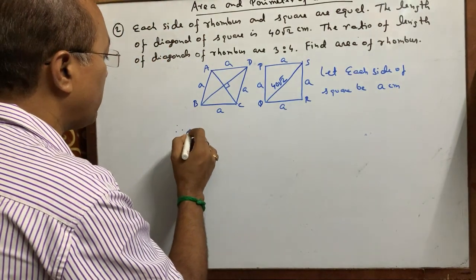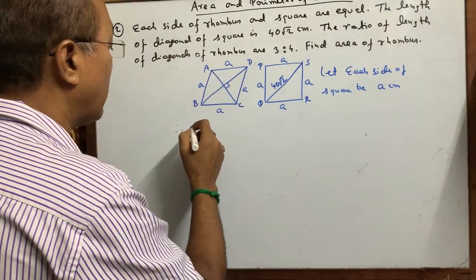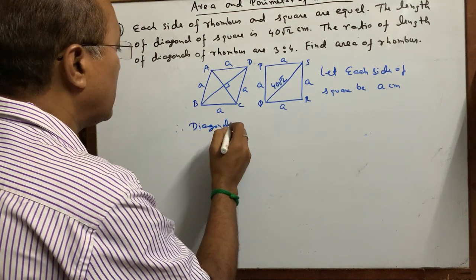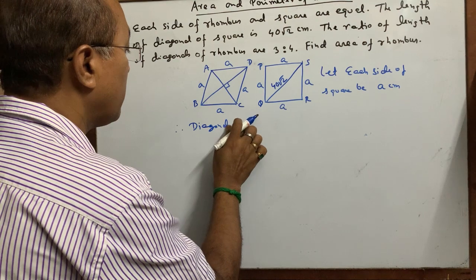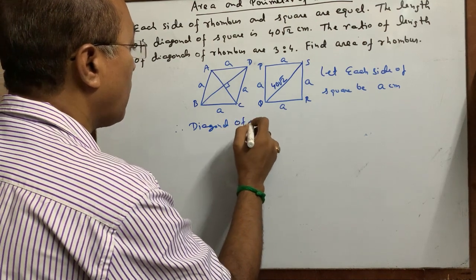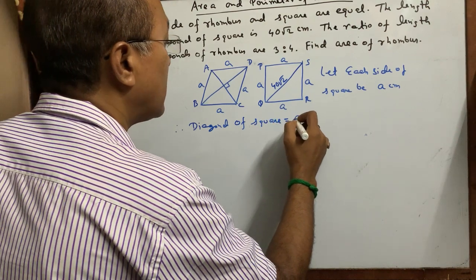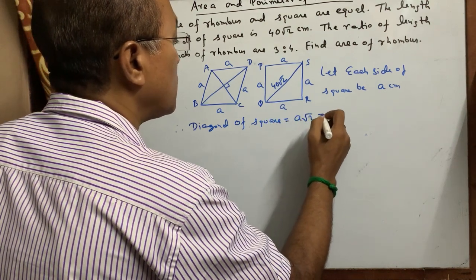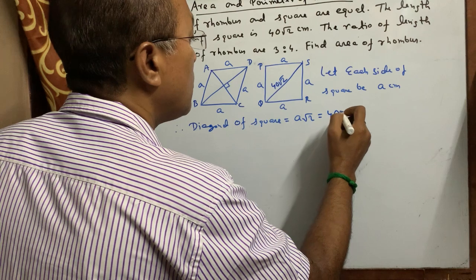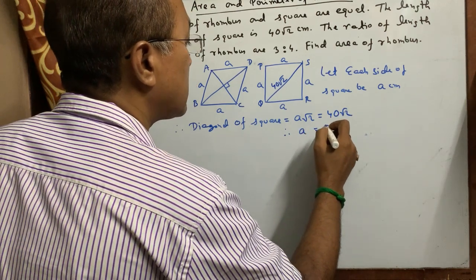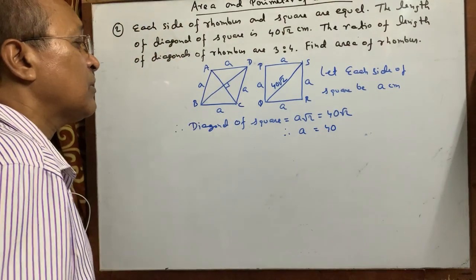So therefore, diagonal of square is equal to A root 2, that is equal to 40 root 2. So therefore, A is equal to 40.